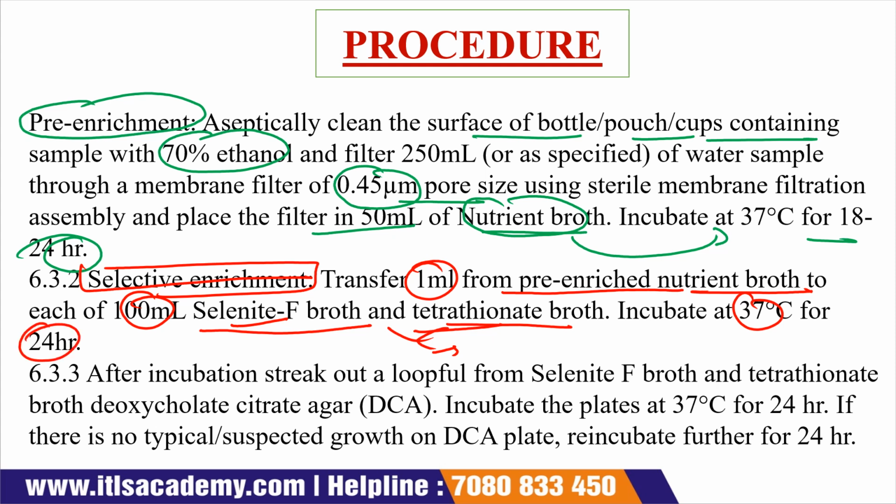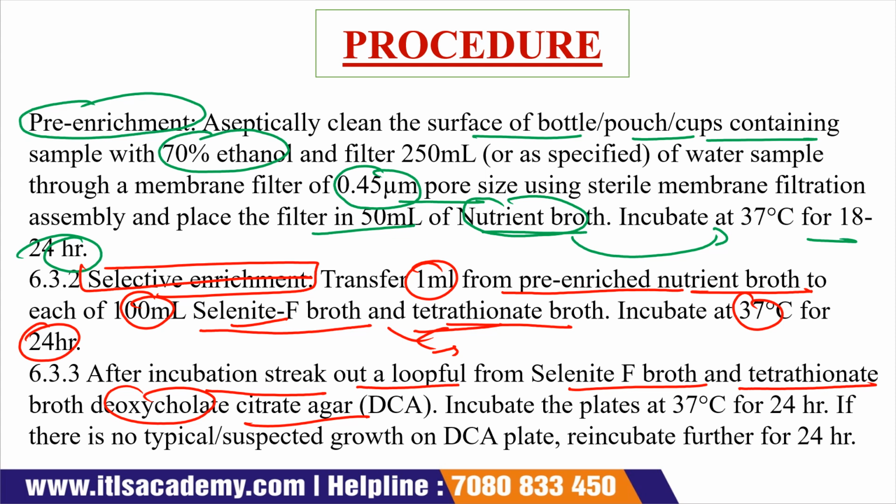Then after incubation, streak out a loop full from the selenite F broth and tetrathionate broth onto deoxycholate citrate agar. Now, when we prepare a streak, we take the media, that is your deoxycholate citrate agar, and the streak will be made from the selenite F broth and tetrathionate broth.